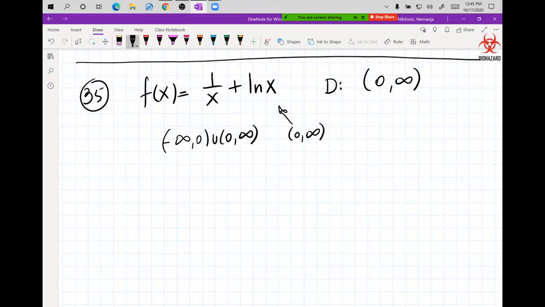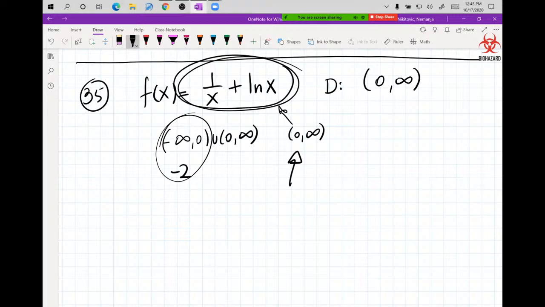Now, how did I combine these two domains? Well, if you know each domain separately, then we can use common sense, right? If I pick -2, I can't plug that in ln because it gives me complex numbers, so clearly -2 is not in the domain for everything. It is just working for half of the equation.